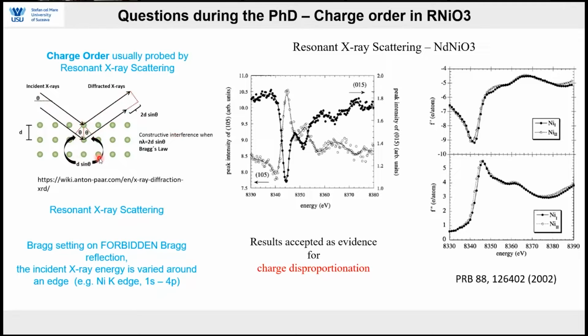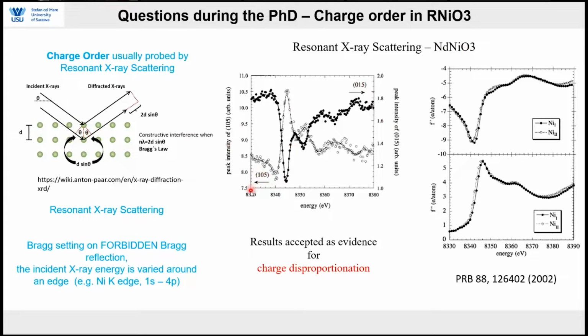But then if you change the wavelength or the energy, some reflections which are usually absent show up. So here I'm showing you for NdNiO3 two different reflections, called 105 and 015.